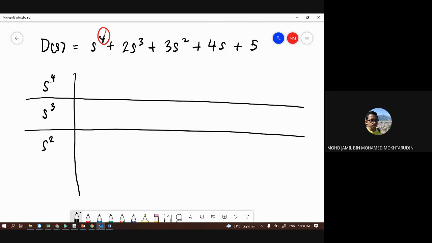So let's fill the two top rows with the coefficients of the denominator. Here the coefficient is 1, so we have 1, 2, and then 3, 4, and then 5.